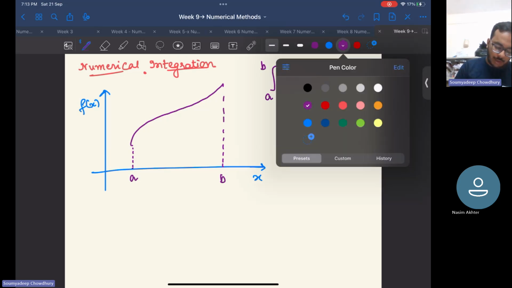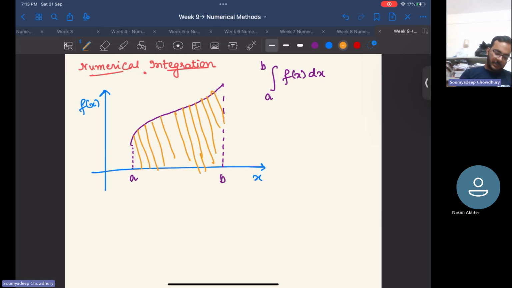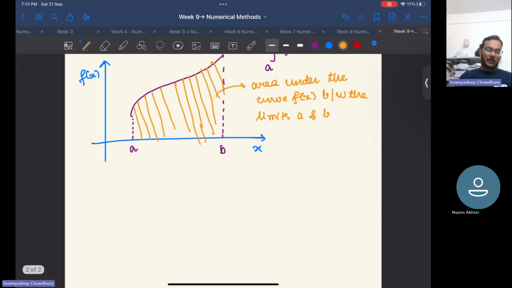It is basically the area covered by the graph between these two limits, right? So the integral from a to b of f of x dx is the area under the curve between the limits a and b.